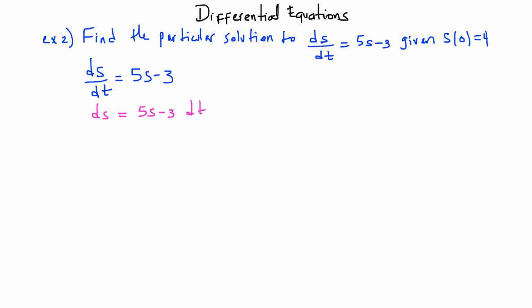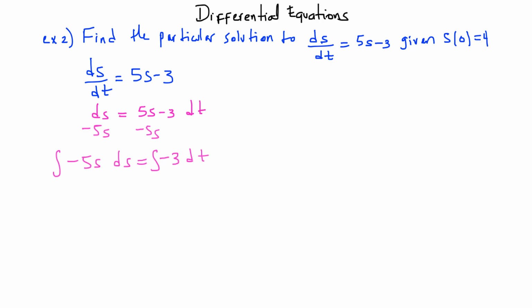Some people might be tempted to do this: take away 5s, take away 5s, and they'll end up with something like negative 5s ds equals negative 3 dt, and then they want to integrate both sides. But at this point, they've already made a mistake, and everything else you do after this will not be correct, and you will not earn any points whatsoever.